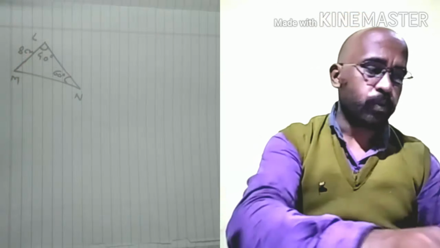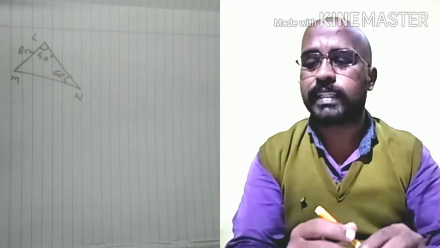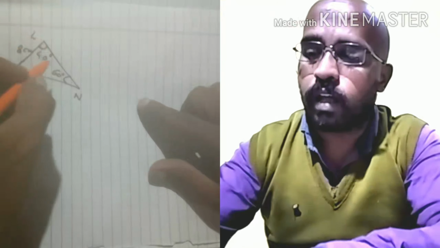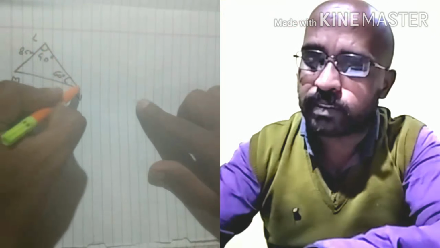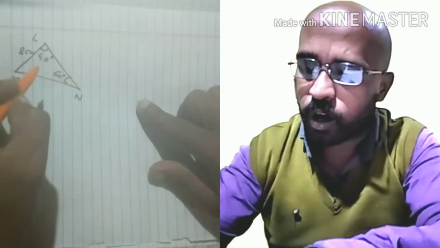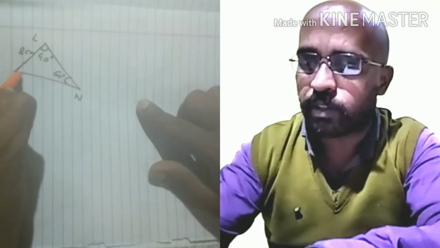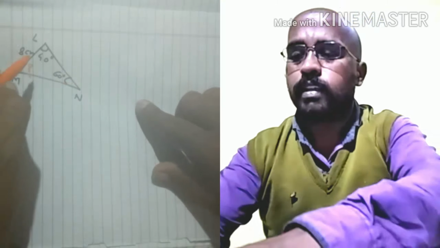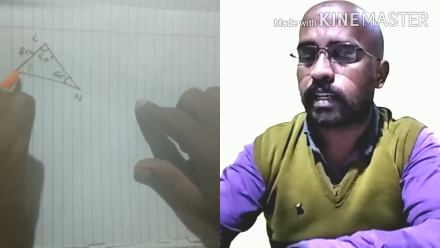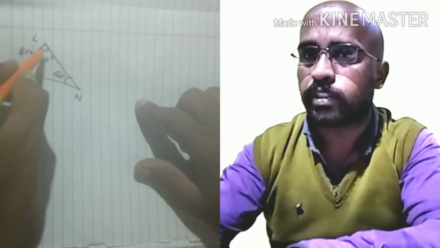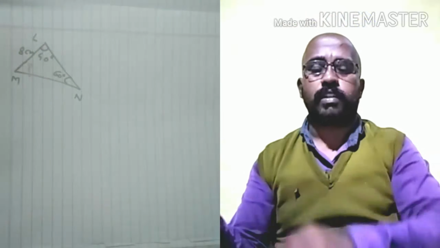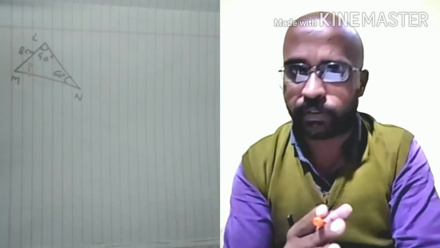So what we have to do in this case? In this case, either the length of this side LN is required or this angle is required. If we manage to find out this angle, then two angles are given and the side included between these two angles is given. Then we can construct it as we have constructed in the previous video.